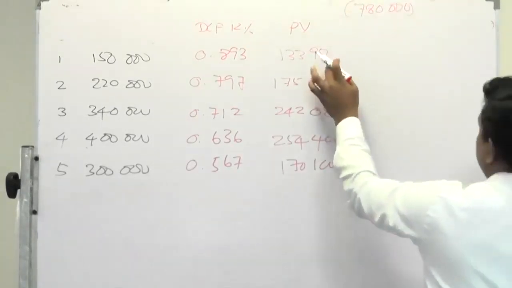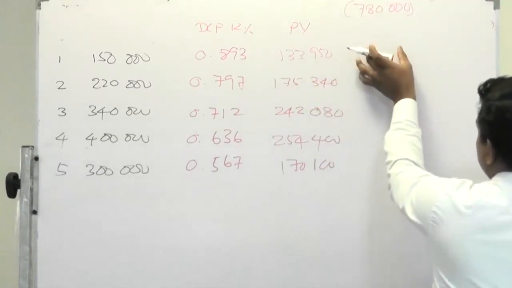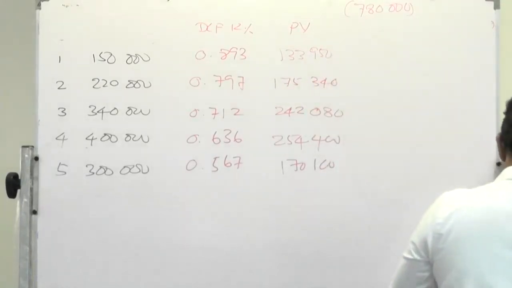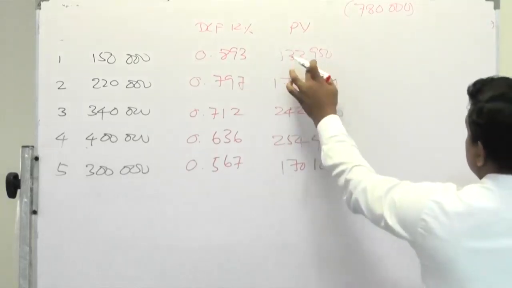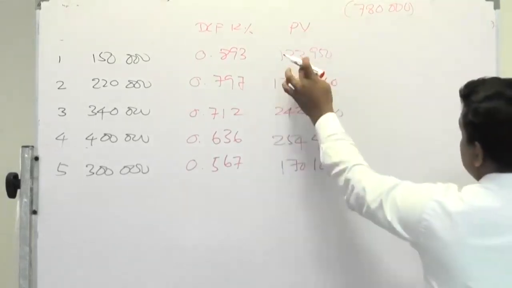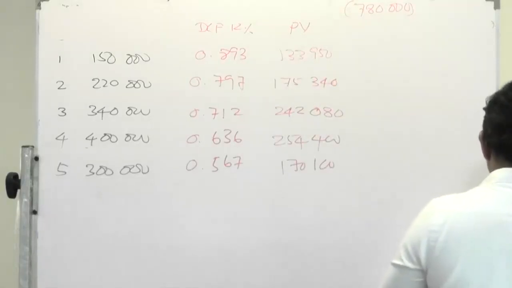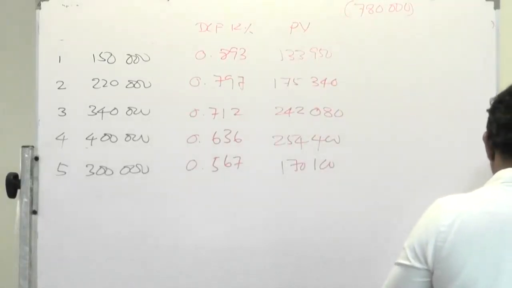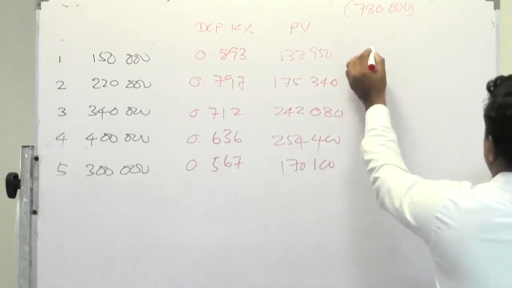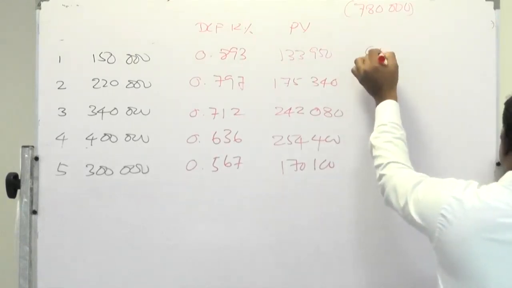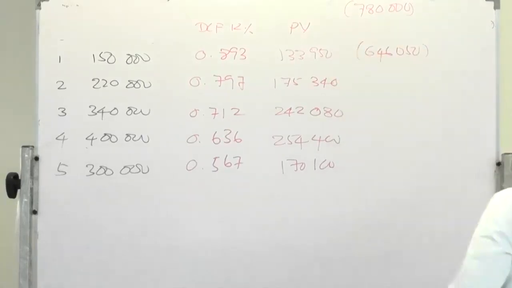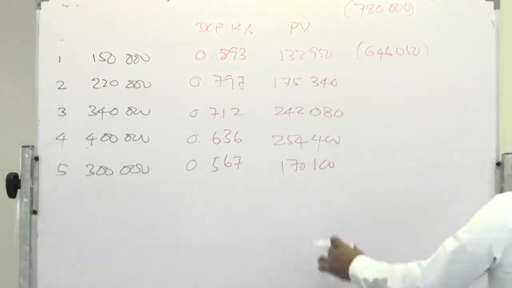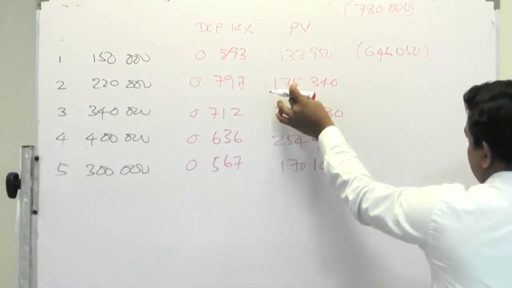First year you have recovered this much. Then how much is the remaining cost? 780,000 minus the first year net cash flow at its present value, 133,950. Then at the end of the first year you require to recover a further 646,050. Then second year you will recover this much at its present value.